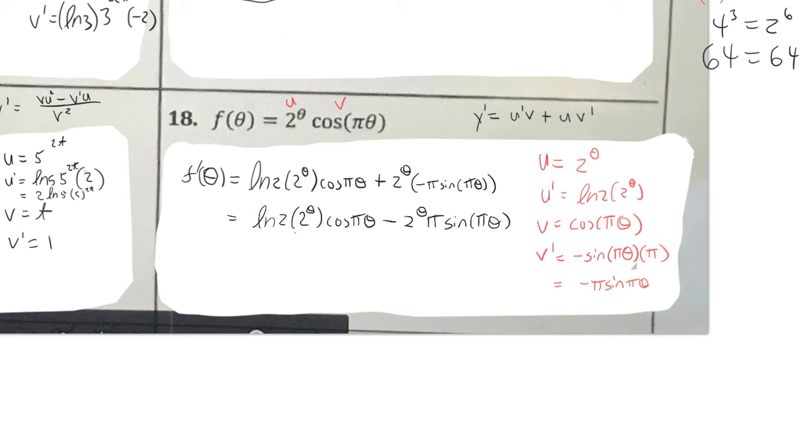Now we do have a GCF here and here, so you could hypothetically factor that out if you wanted to. We're looking at 2 raised to the theta times the quantity ln 2 cosine pi theta minus pi times sine of pi theta. And really I should be wrapping that either in brackets or parentheses.